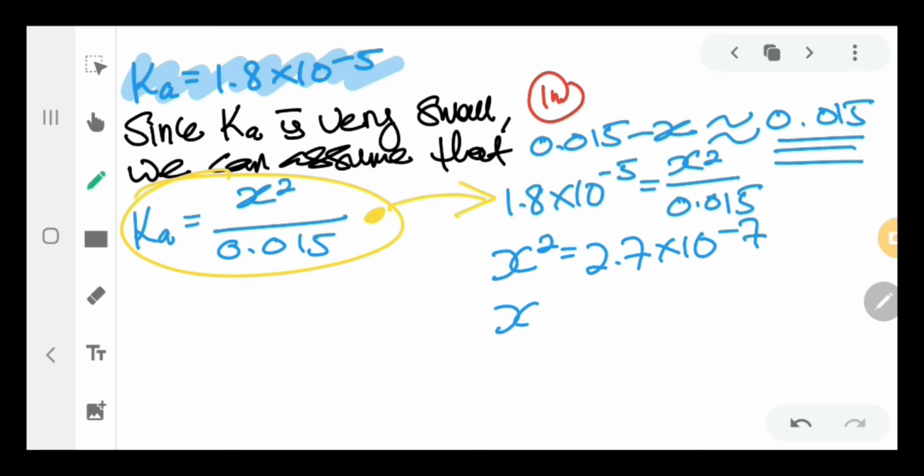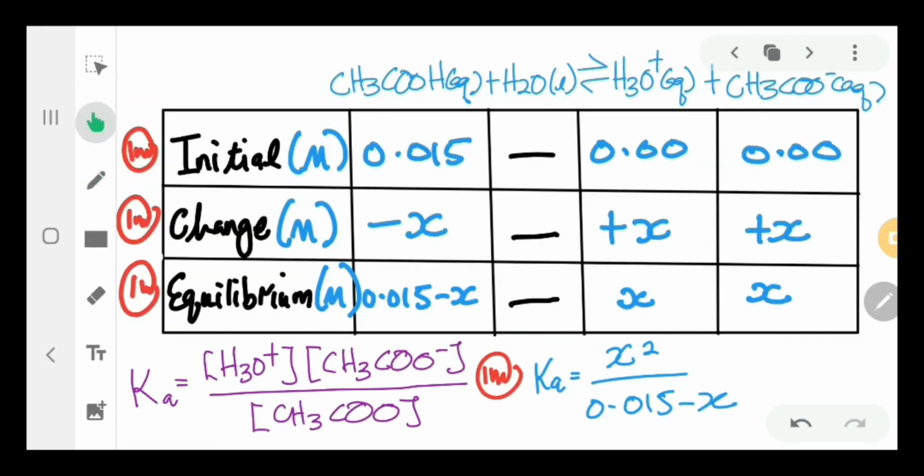And the value of x, you can have one value only, which is 5.196 times 10 to the power of negative 4. So you get the value of x right here. If you look at your ICE table, the concentration of H3O plus is equal to X.